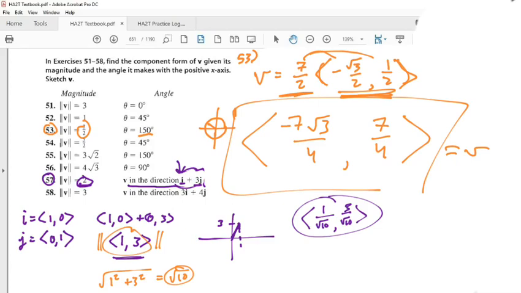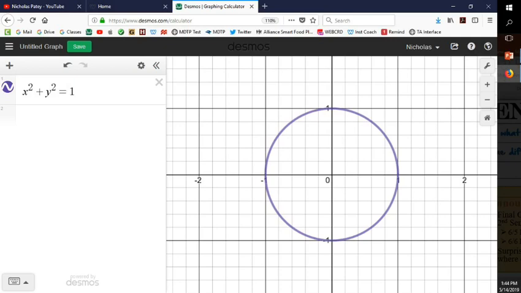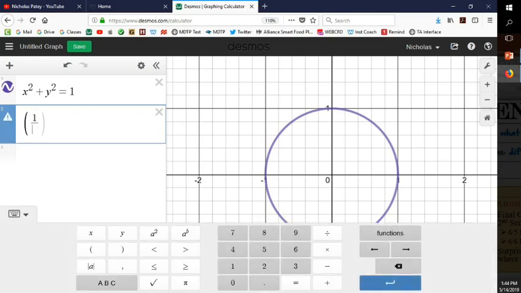He doesn't look familiar. He is on the unit circle, but he doesn't look familiar to you because it's not one of the common angles. So if we look at a unit circle, if we graph that point, it should be on here. What was that point again? It was 1 over rad 10, right?